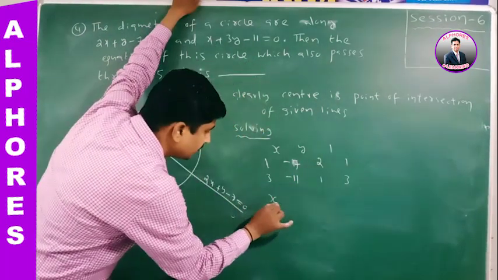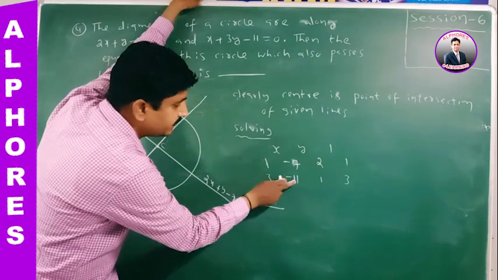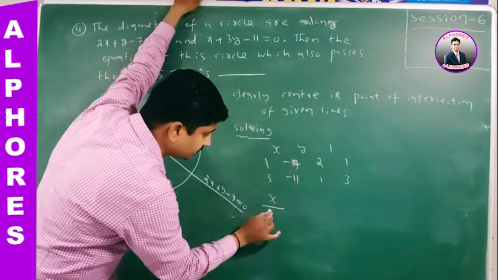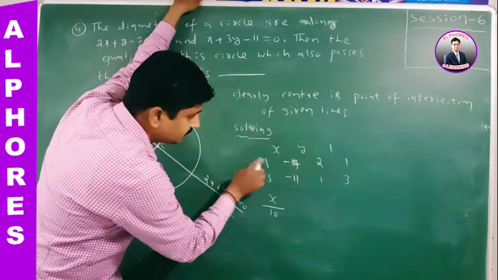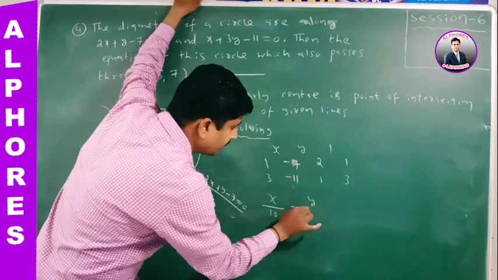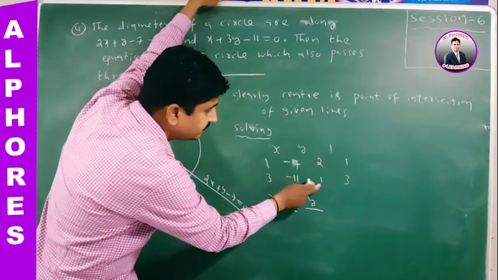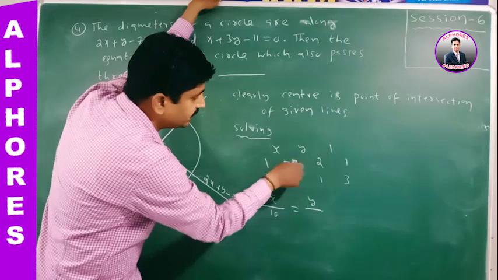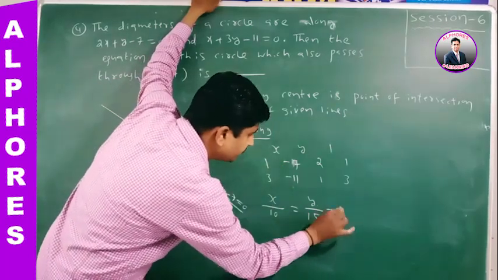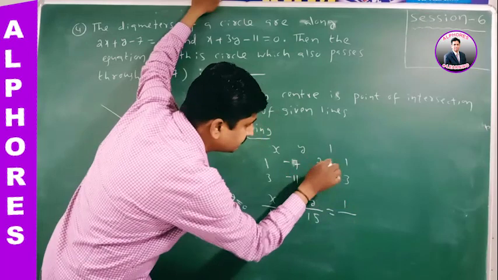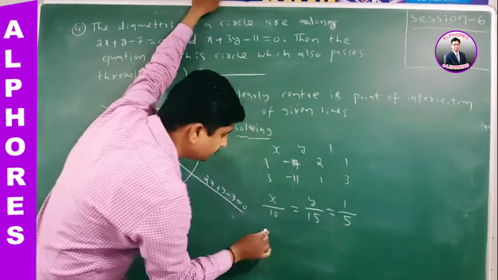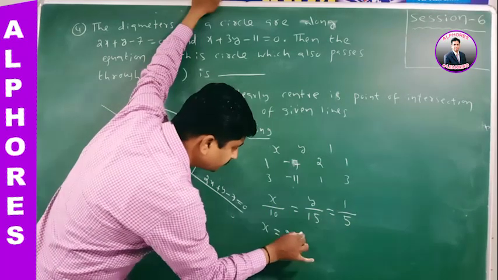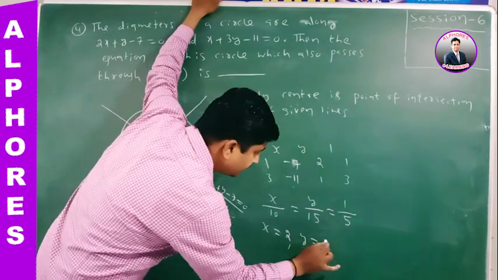Now x equals 10 by 5, that is 2, and y equals 15 by 5, that is 3.